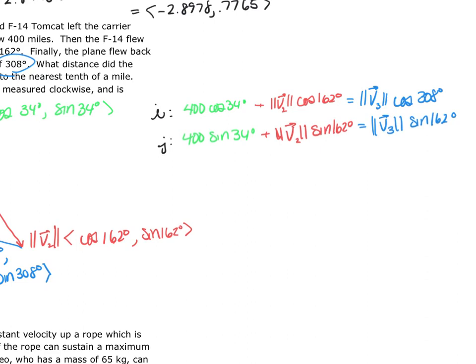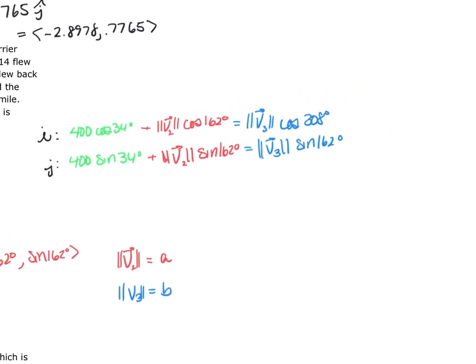Now, to make my life easy, I'm going to call the magnitude of V sub 2 as A, and the magnitude of V sub 3 as B, so it just makes it a little bit easier for me to write this out.